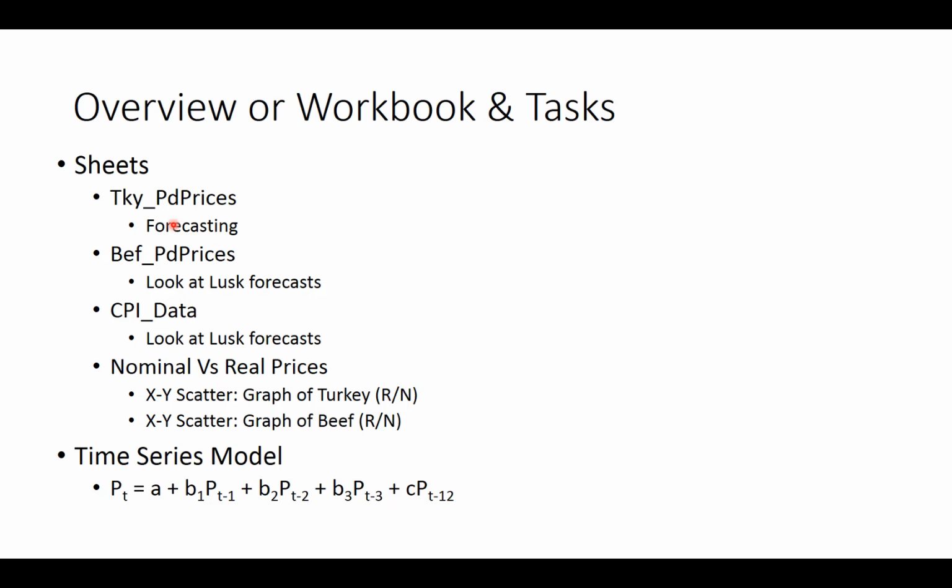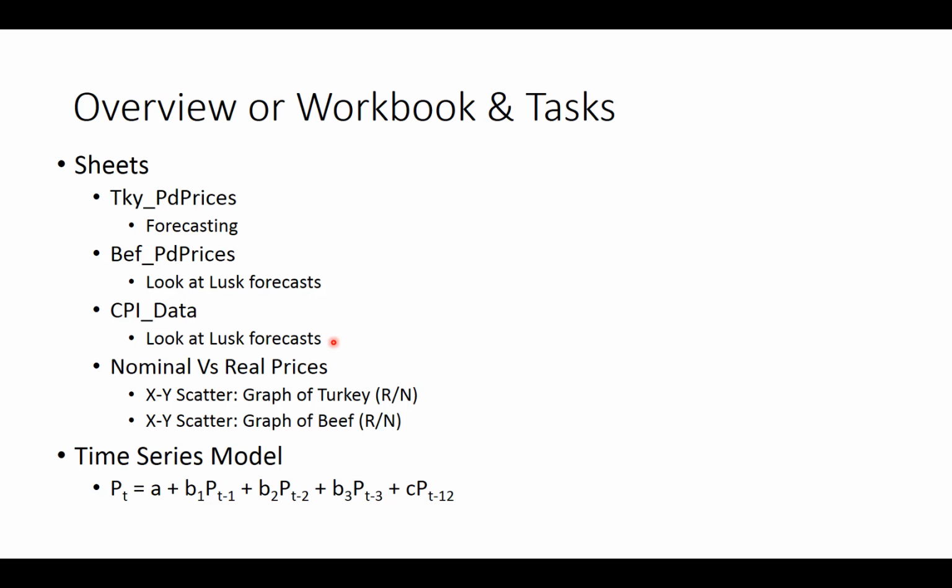One of the things we're focused on is forecasting, trying to come up with a predicted value for November prices in 2017, because that was the focus of the article. In the lab, we'll generate our own November 2017 forecast price for turkey, and then we'll look at the approach for beef and CPI data that Professor Lusk added.